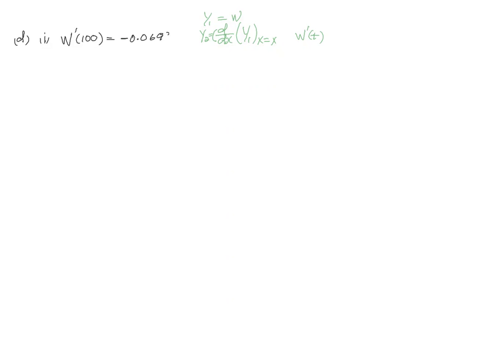Okay, how should I write the unit? The rate is decreasing by 0.0693 gram per hour. So gram per hour, correct? So that means the weight is decreasing, am I right?